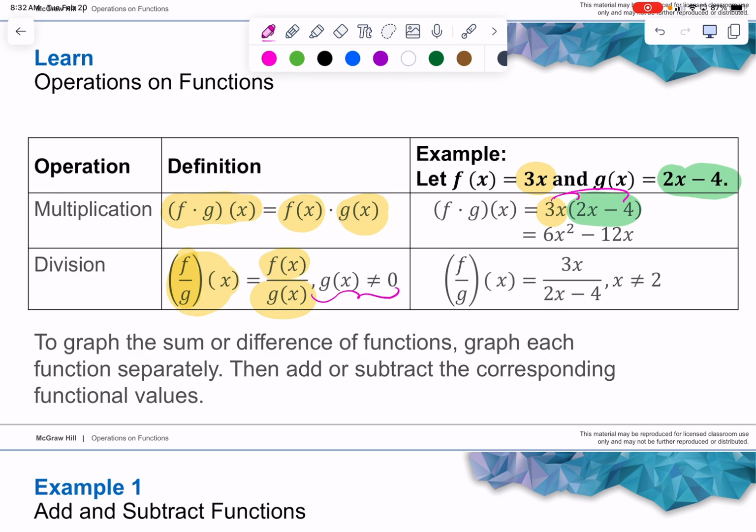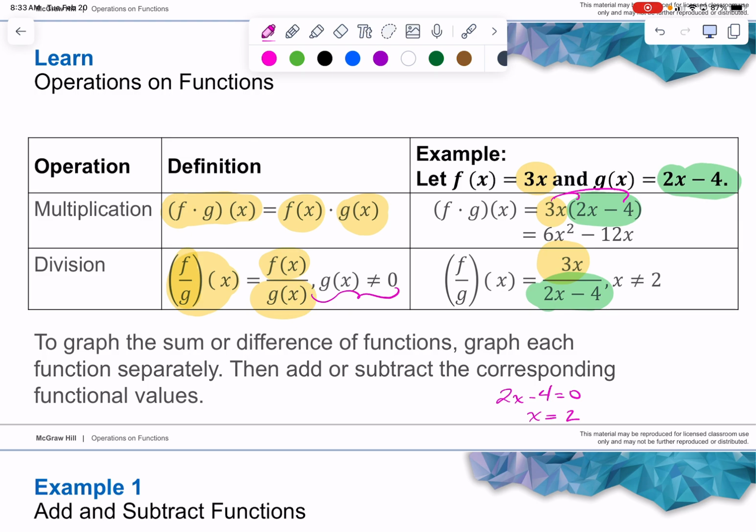So for instance, when we take 3x and divide it by 2x minus 4, if I set 2x minus 4 equal to 0 and find what x value makes this equal to 0, I'm going to find that x equals 2.